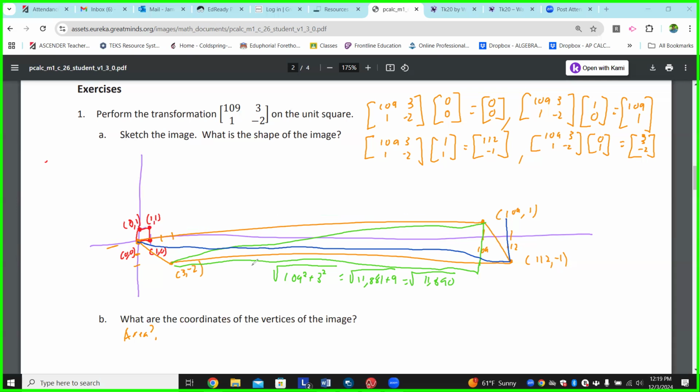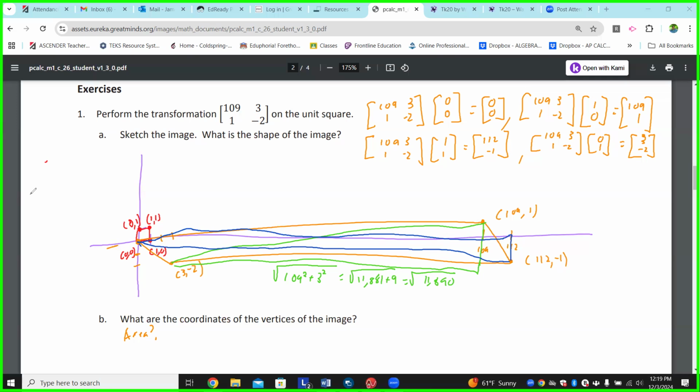Oh no, because I want this diagonal. I can build a triangle, I guess, like this. Let's pretend that's a triangle.